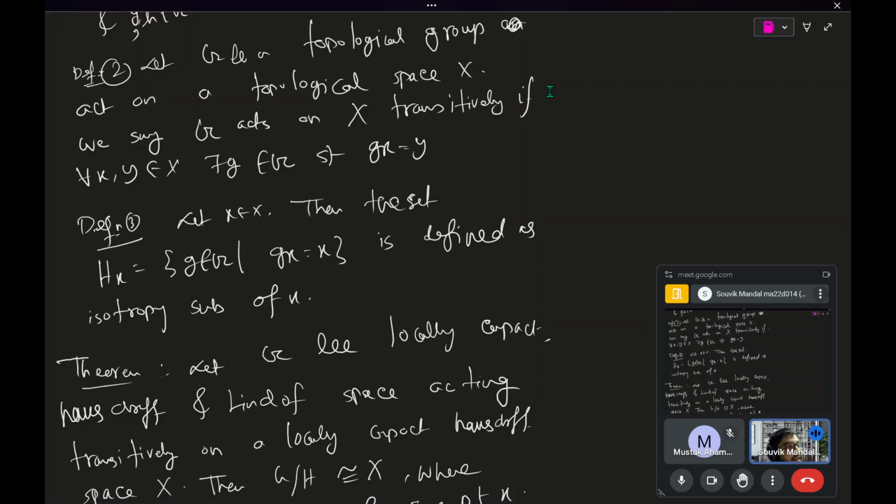Suppose x is an element of X. Then all those g inside G such that gx equals x, all those g which fix x, form a subgroup of G, and this subgroup is called the isotropy subgroup.